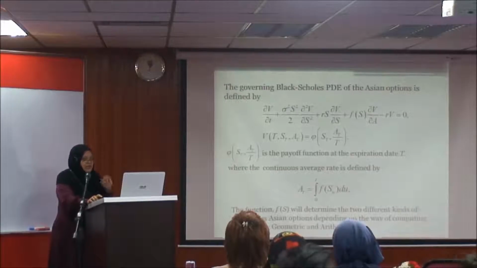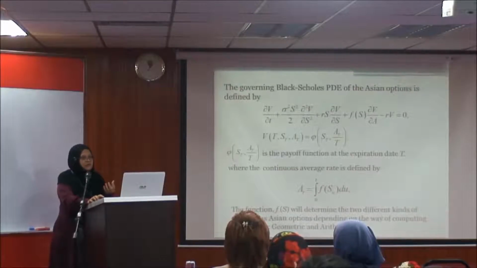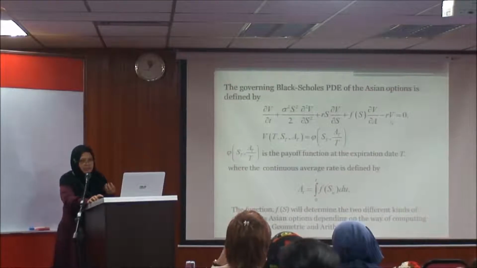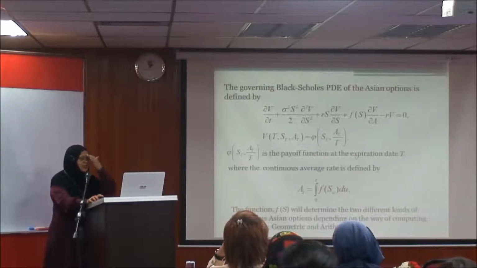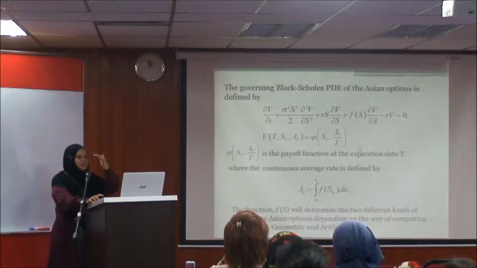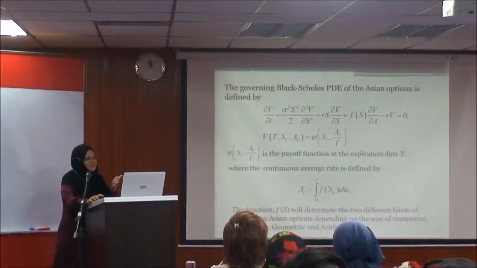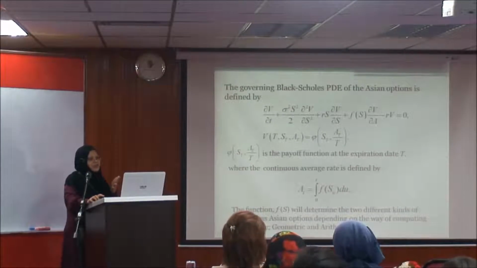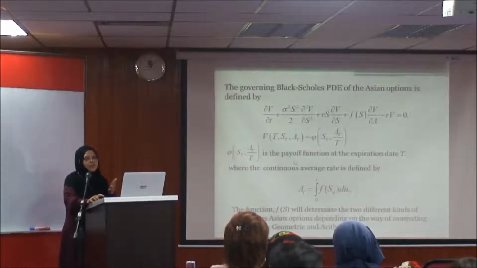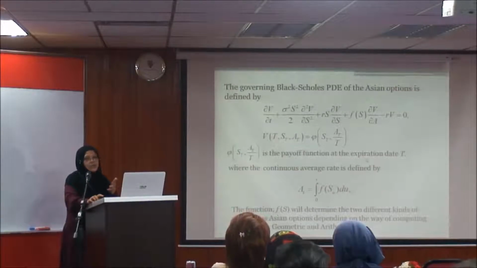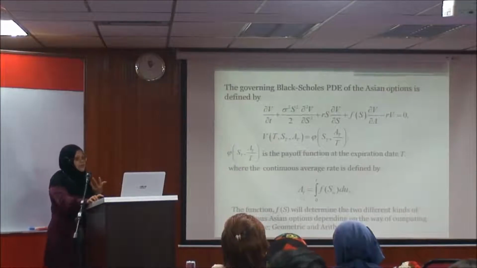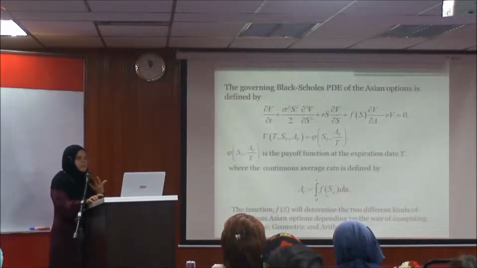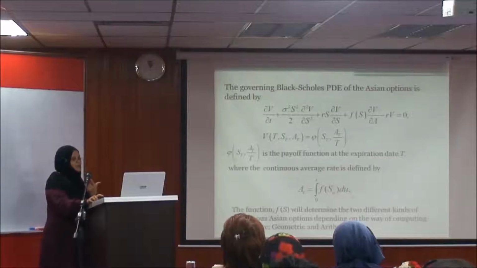Now, for this particular PDE, I haven't said anything about average, the arithmetic or geometric. So now, the phi is the payoff function at the maturity date or the expiration date, where A of t is defined as the integration of f of s u du.